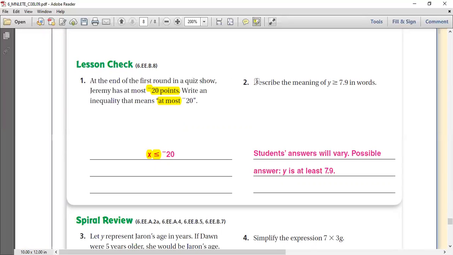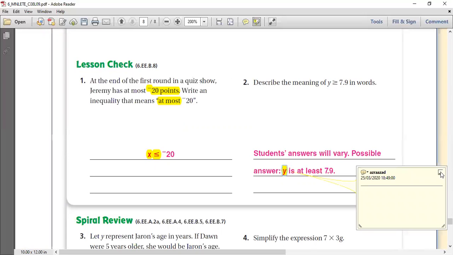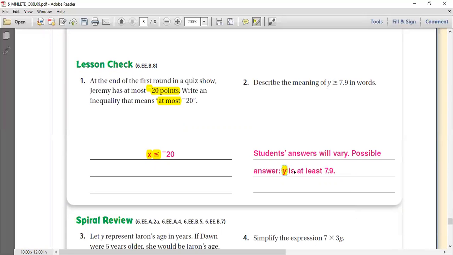Now moving to question number 2, the last question for the homework. Describe the meaning of y is greater than 7.9 in words. This means that y can be any number greater than 7.9. So you have to write it in your own words. This is one possibility they have given. I cannot say that you must only write this way.